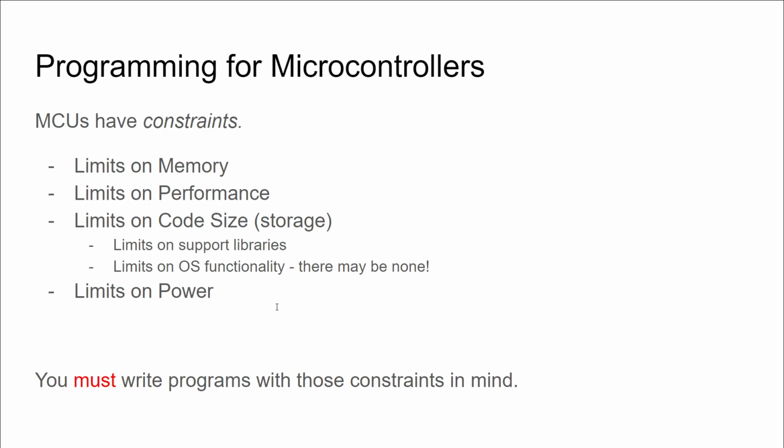But language aside, I will claim that the mindset is far more important than the language itself. So let's talk a little bit about the constraints you want to keep in the back of your mind while programming. That is the memory, the performance, the code size, and the power. And let's go into all of those in detail, shall we?